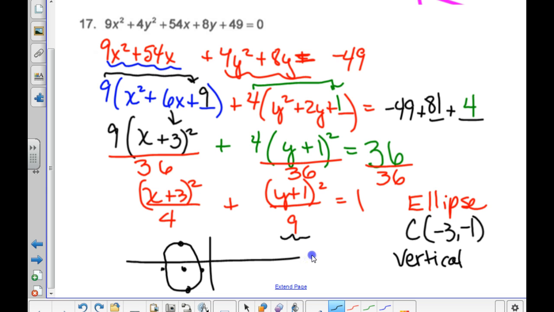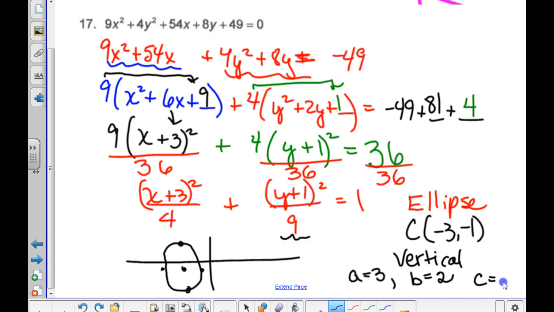All right, what are A, B, and C? When it's an ellipse, A is the bigger. So A squared is 9, A is 3, B is 2, and C is, be careful, when it says plus here in the middle, we do what?